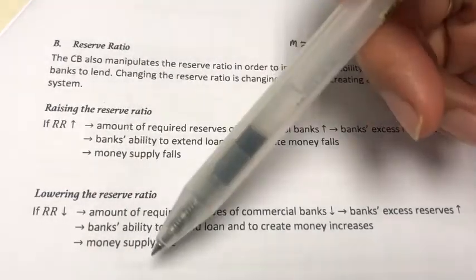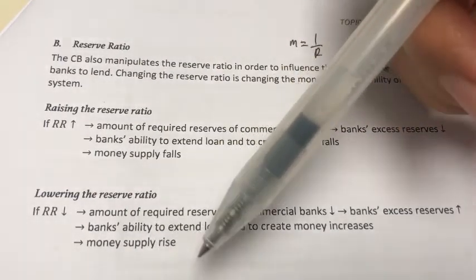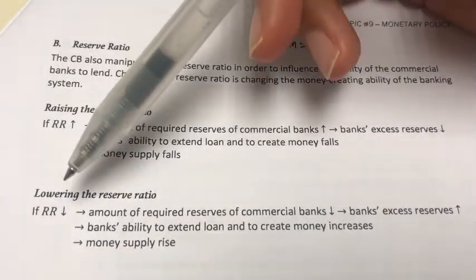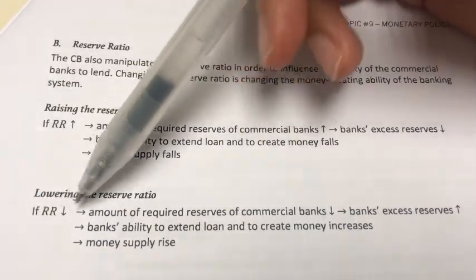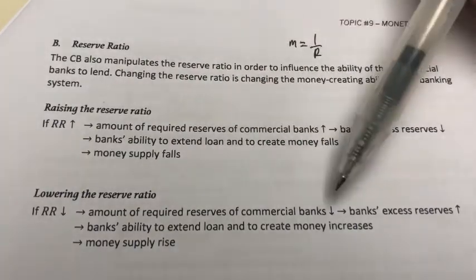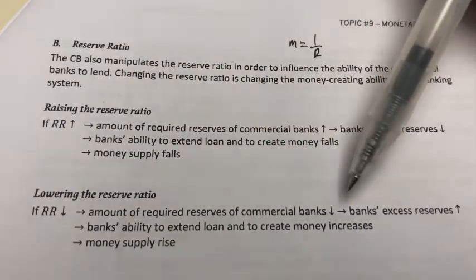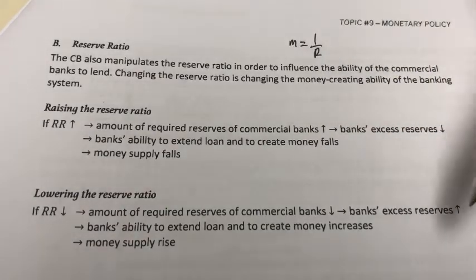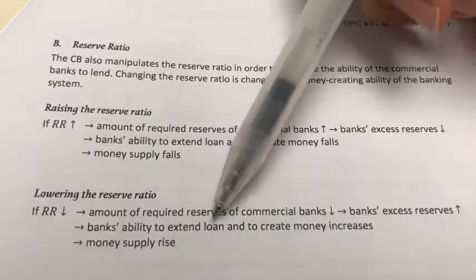Alternatively, if the central bank wants to increase money supply for whatever reason, what they need to do is to reduce the reserve ratio. Because when this is reduced, the amount of required reserves that commercial banks keep with the central bank will also reduce. So the commercial banks now will have more excess reserves and therefore increase their ability to lend.